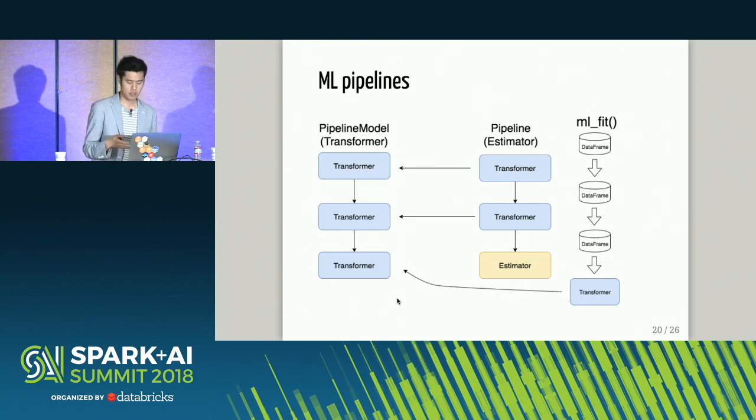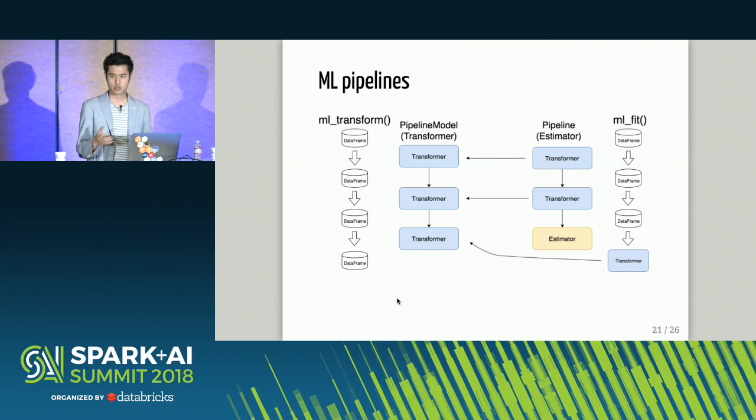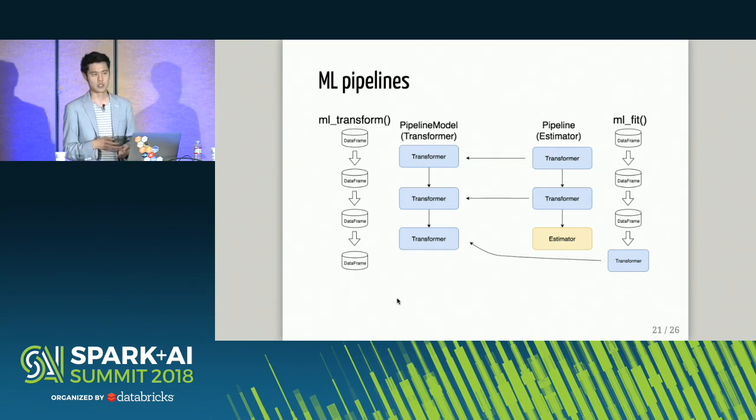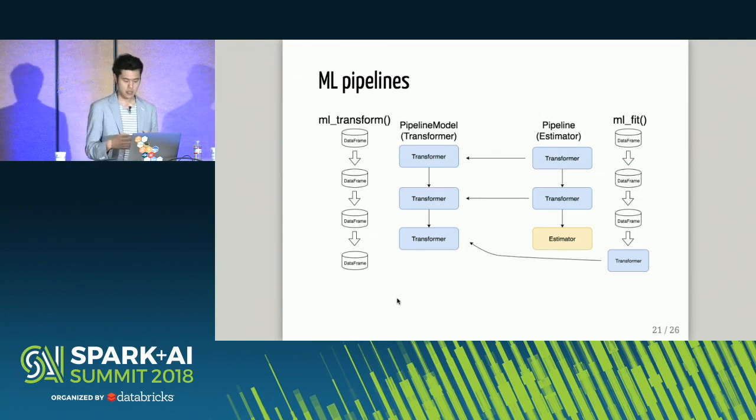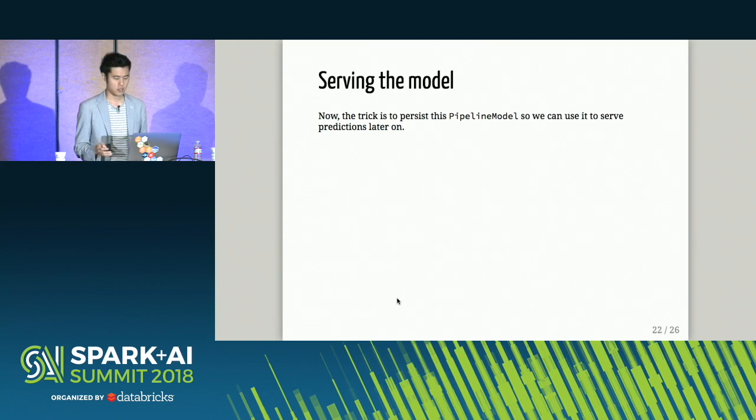But now your classifier has been trained, so you can use it to make some predictions. This pipeline model, again, just encapsulates all the feature engineering that needs to be done to the data coming in and also the prediction piece of it. So the trick here is to persist this pipeline model so we can use it to serve predictions later on.